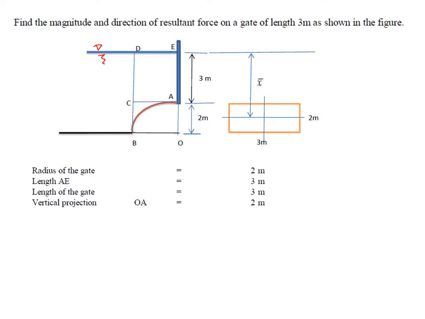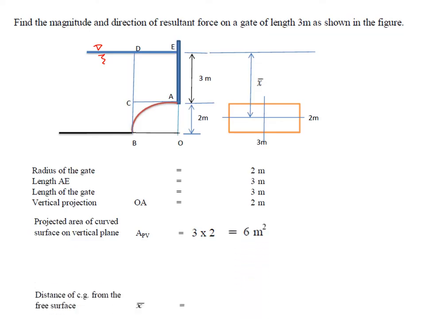Here we need the projected area, not the area of the curved surface, which is 3 into 2. So projecting AB onto the vertical plane gives AO, 2 meters, into the length of the gate, 3 meters, so you get 6 meters square.